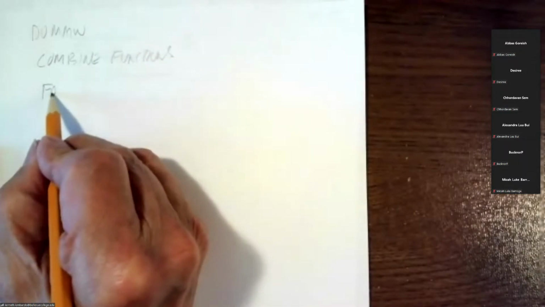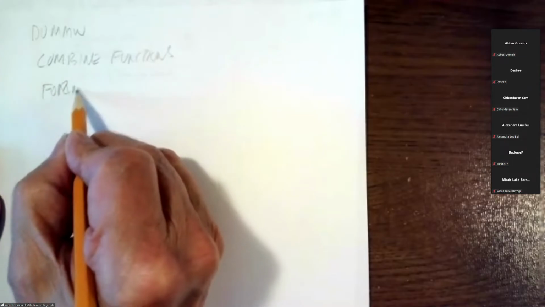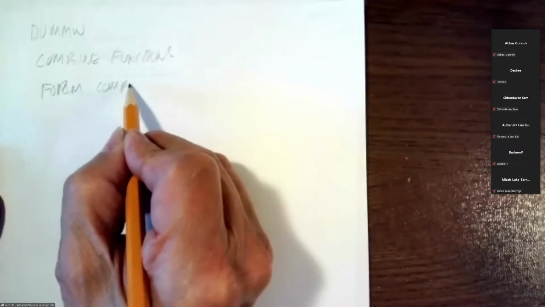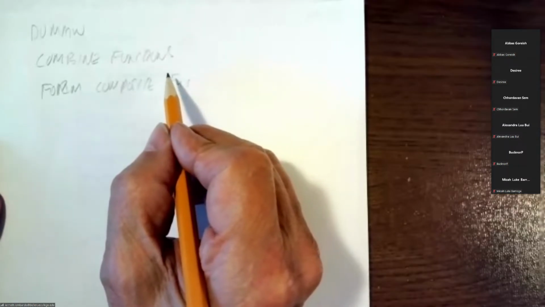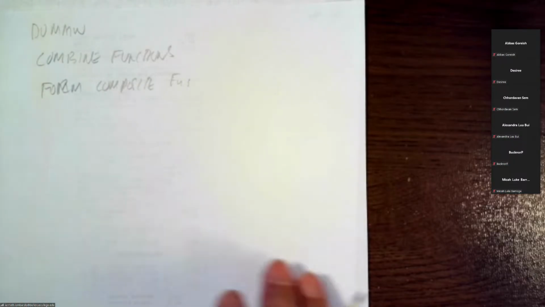We want to be able to form composite functions. I'll show you how to do that. All right, so let's go through some examples here. Let's say I have a function that looks like the following.